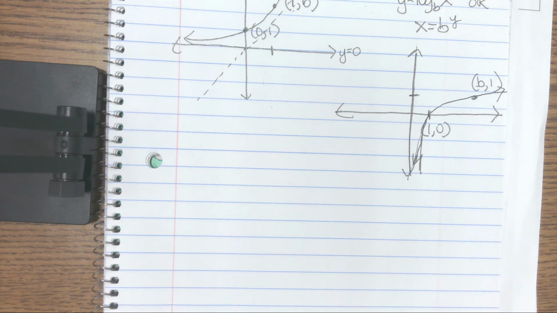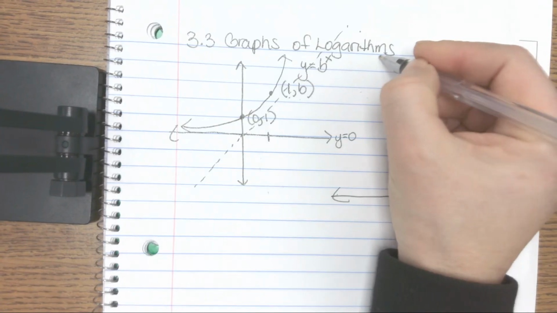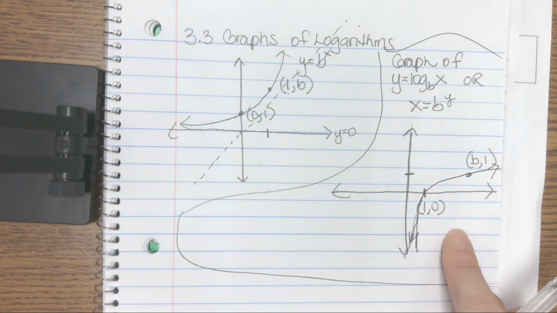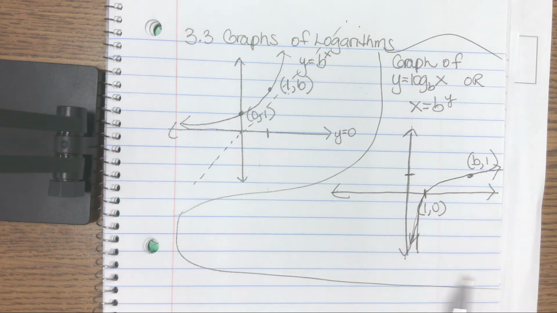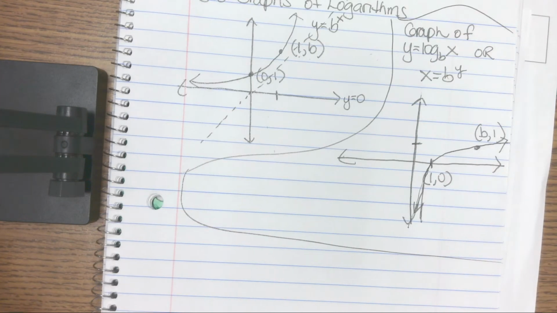How we doing? Okay, let's talk about our new graph then. What are some things about our new graph? Have you seen this graph before? Yes? No? Okay. So, some things that we should talk about. Let's run through the domain and range and symmetry and all of that.